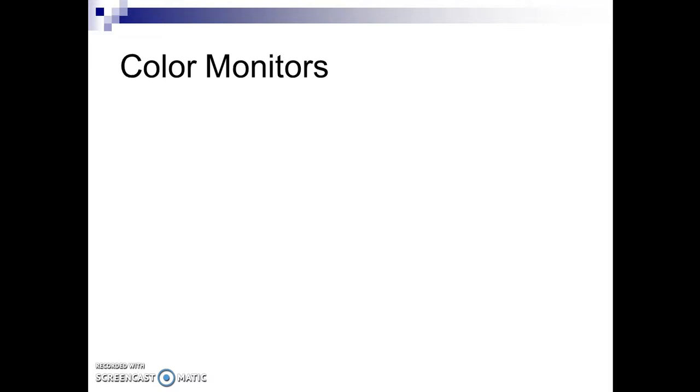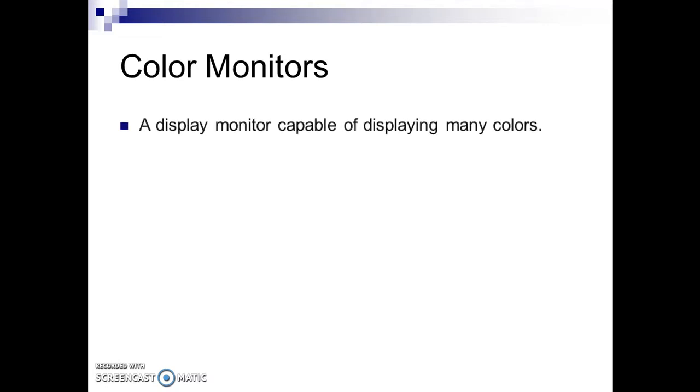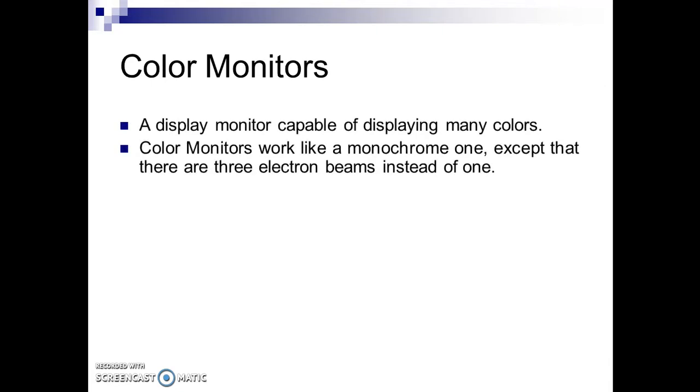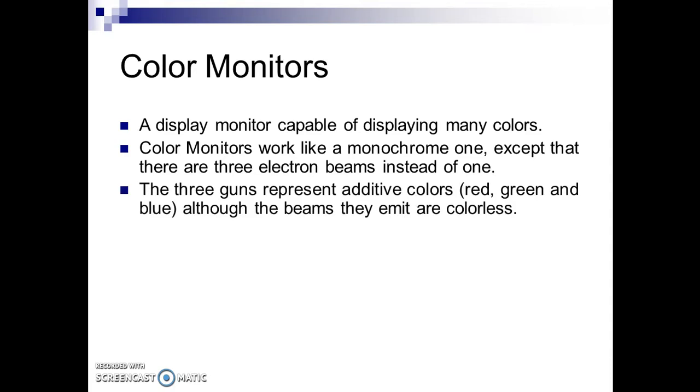Okay, and then we move into the world of color. And of course, we see color monitors working exactly like monochrome monitors. The only difference is that you've got 3 electron beams instead of 1. And so it's with these in mind that we're going to dig more deeply into how those monitors work.